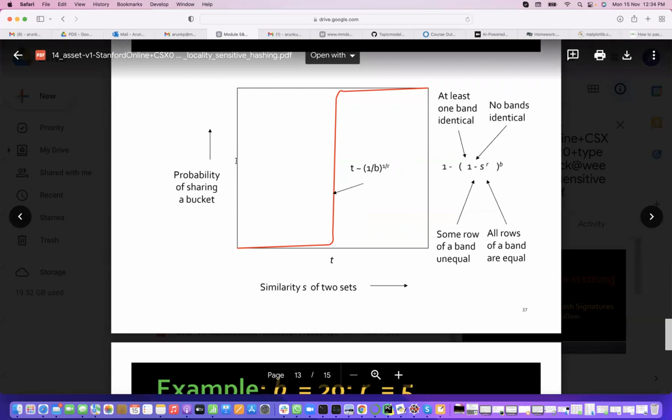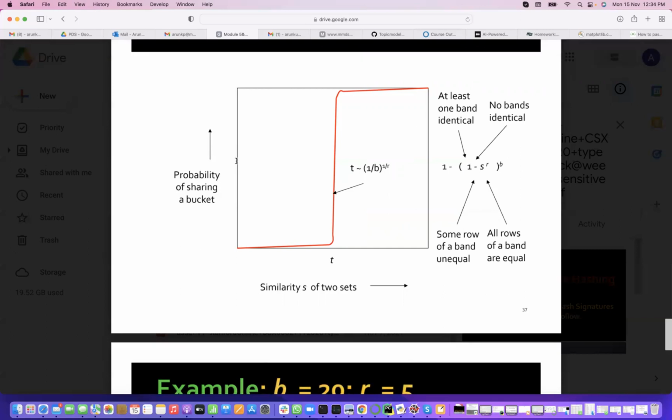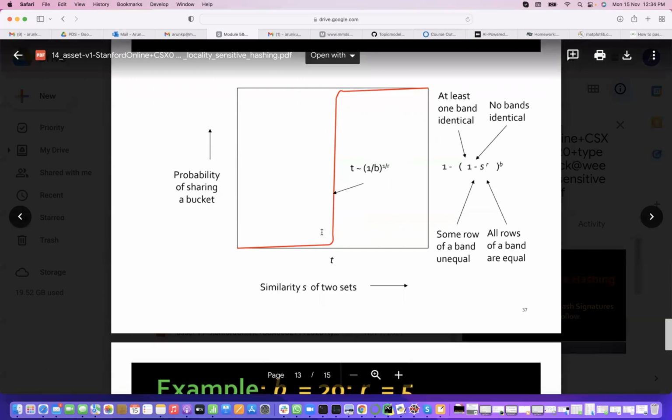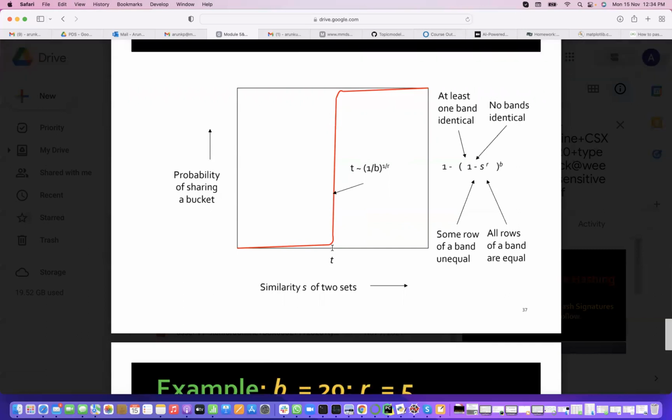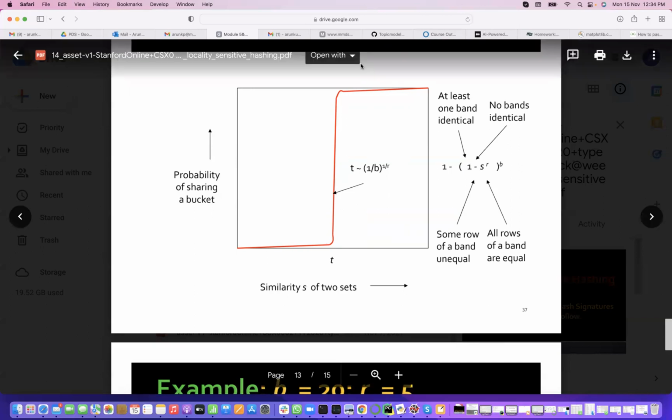So we took 40% and 80% examples. And as T increases, this is a curve, let's say, anything less than some value, they are not falling into the same buckets. Only the small area where it suddenly goes up means anything greater than the T, it is falling.